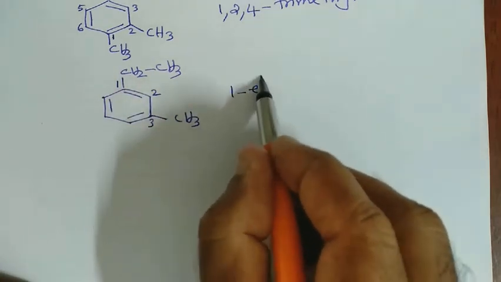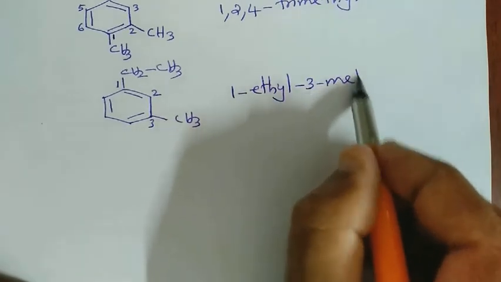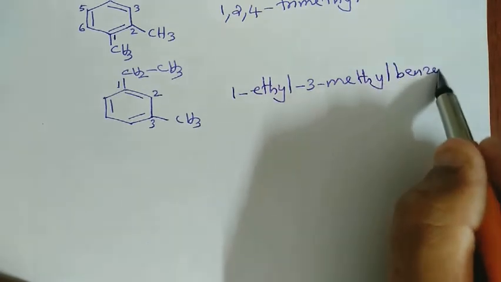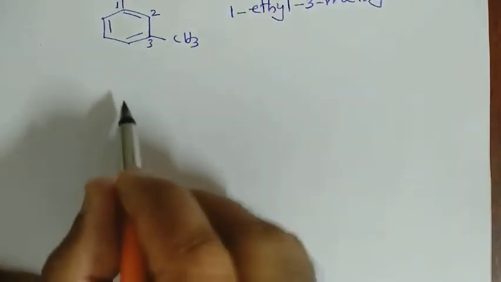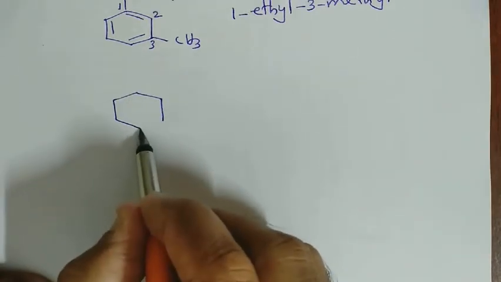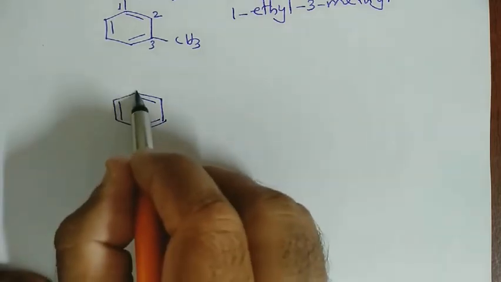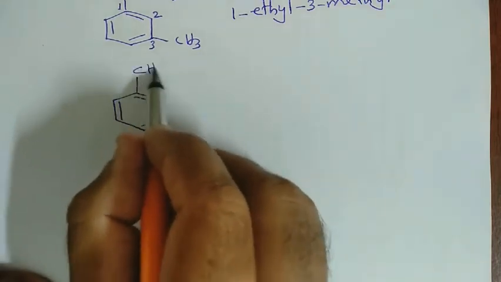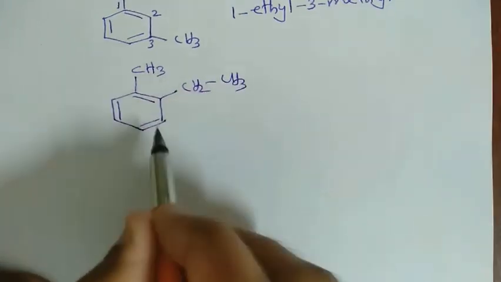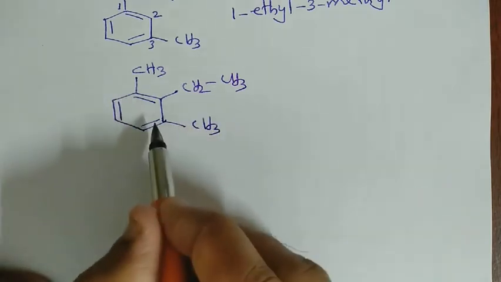Hence, this compound is named as 1-ethyl-3-methylbenzene. Alphabetical order is considered only if the lowest sets of locants are identical. The first priority is for having the lowest set of locants. If they are identical, then only alphabetical order is followed.